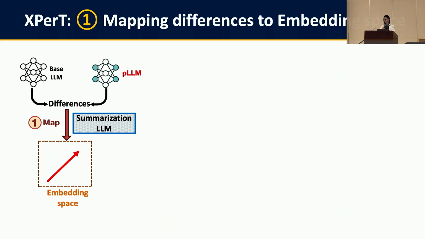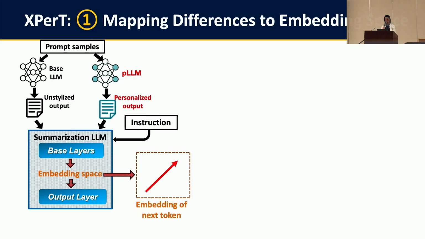The first step is to map the difference to the embedding space. Here is a more detailed flow of this process. First, we prompt both models with the same set of samples to generate personalized and unpersonalized outputs.